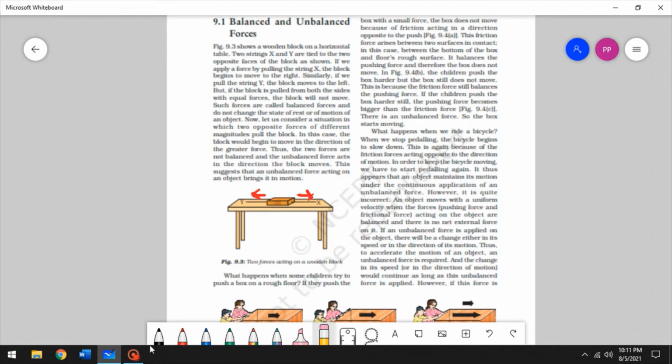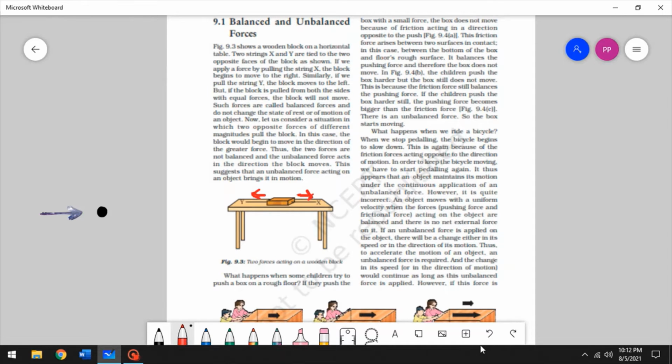So if this is an object here and force is being applied in this direction, I mean if the greater force is being applied in this direction, the object will move towards the right, correct?